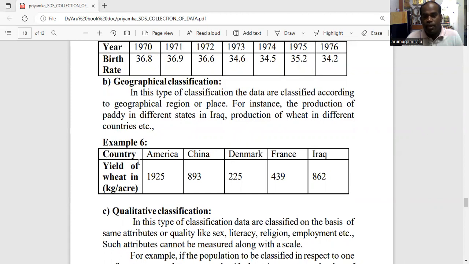Here you can represent the countries, especially America, China, Denmark, France, Iraq, and the corresponding yield of wheat in kilogram per acre, 1925, 893 up to 862. So based on the geographical location, we have to classify the data. This is the meaning of geographical classification.